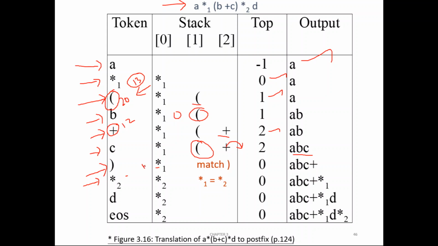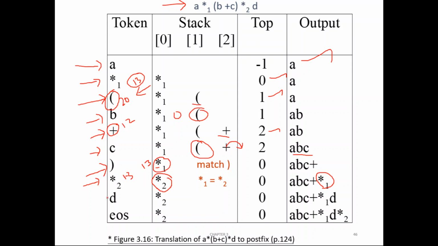The in-stack operator precedence is 13. The incoming operator's precedence is also 13. Okay. So if it is greater than or equal to, then you should pop. So pop this first star and display it. Okay. Now there is nothing in the stack. So just push the second star into the stack.